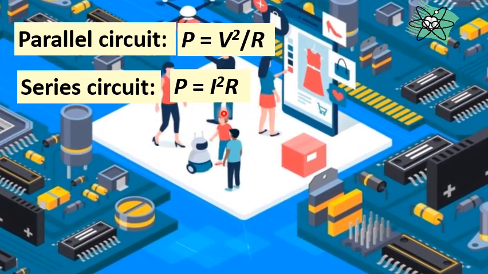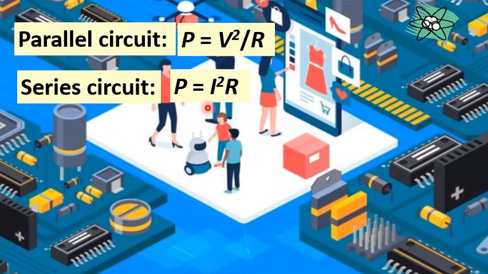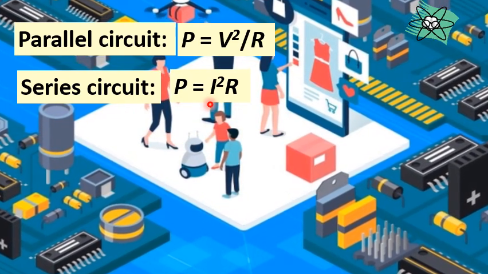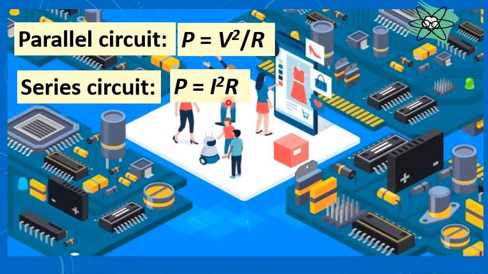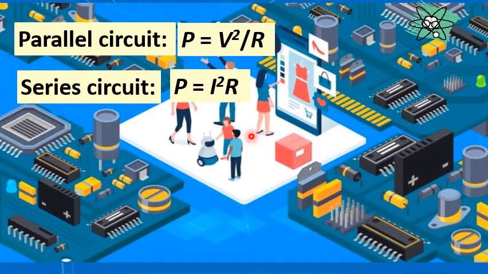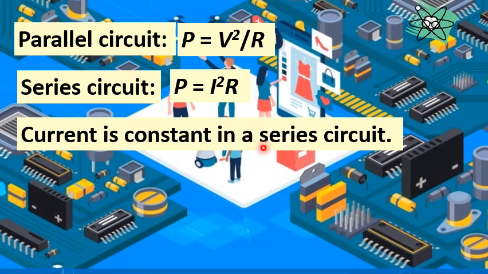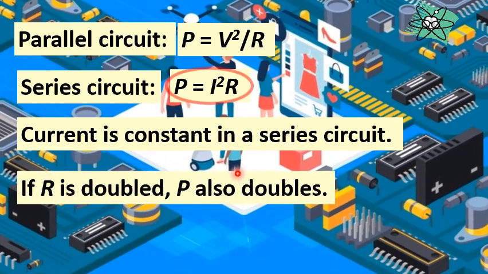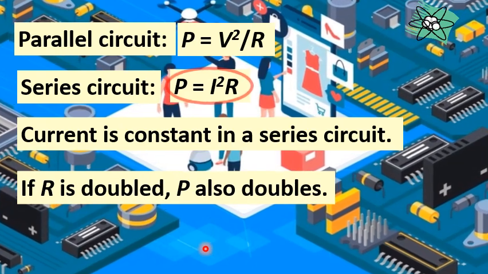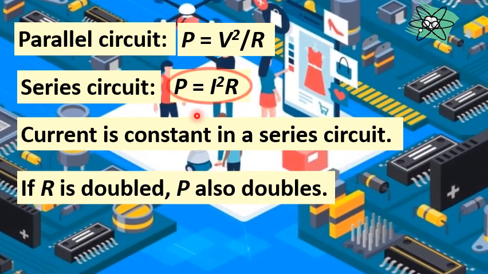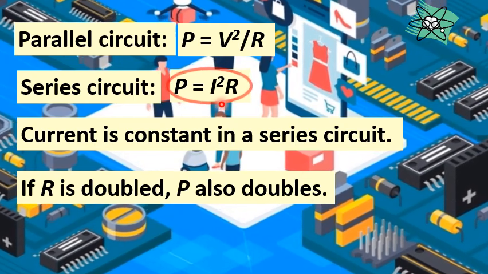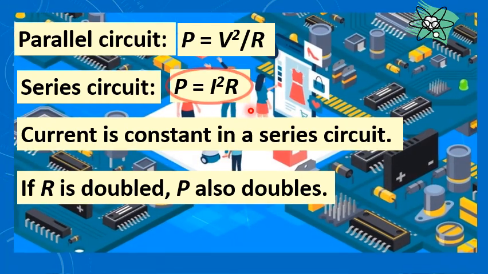So it is this formula for series circuit where we say that the current is constant. And so therefore, if the resistance R is doubled, then the power P will also double because power is directly proportional to the resistance R.